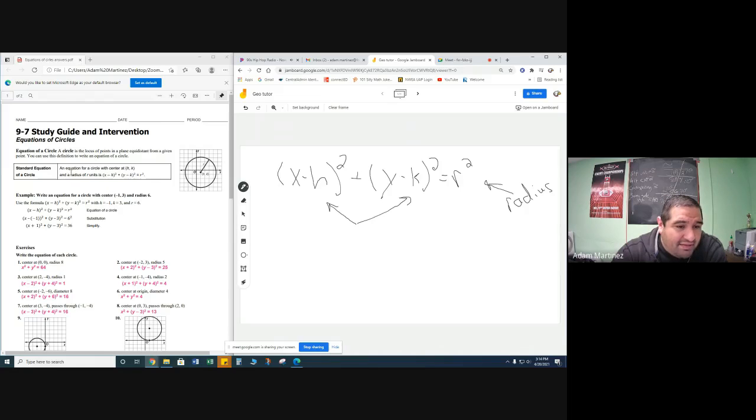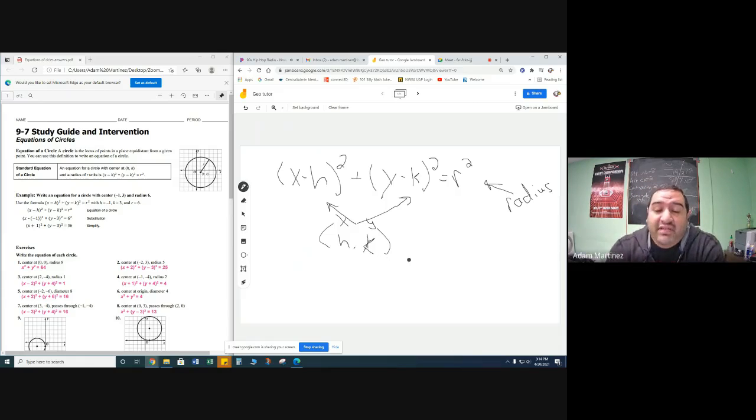The equation of a circle with center (h, k): h is our x coordinate and k is our y coordinate. So x, y is actually h, k.